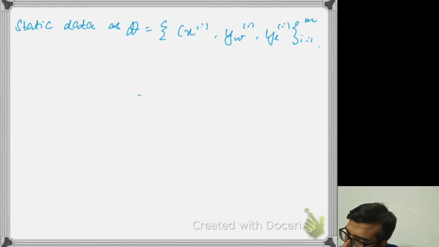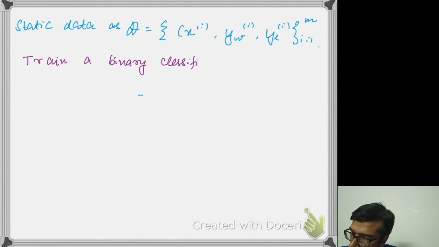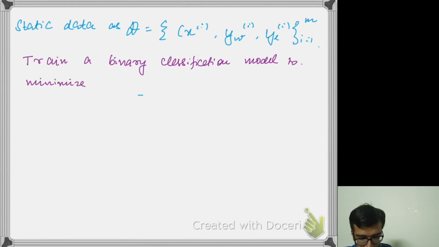Okay, so train a binary classification model to minimize the negative log likelihood loss.